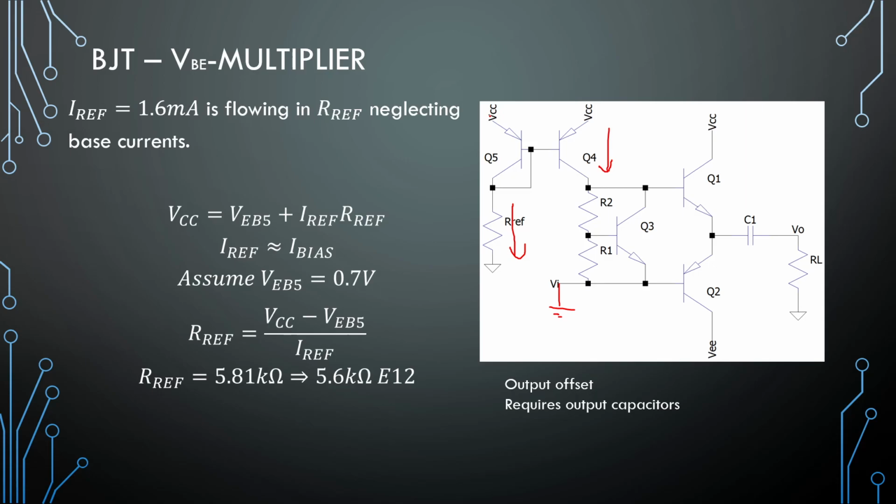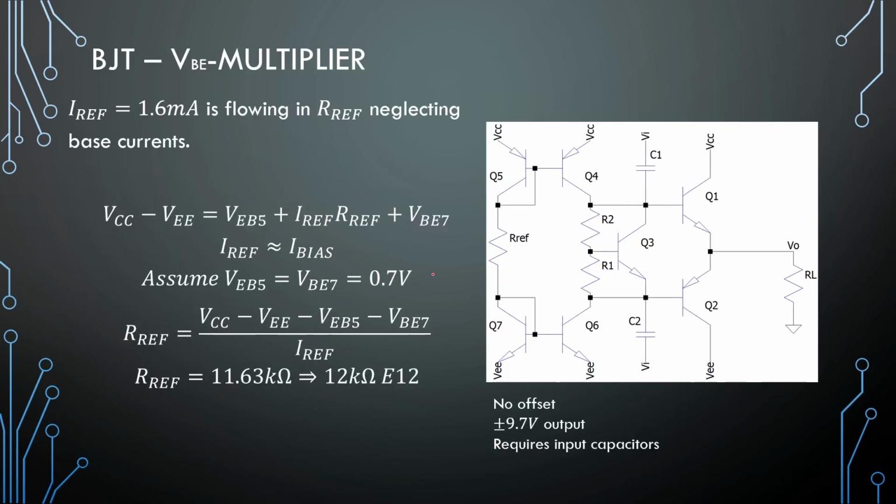So 10 minus 0.7 divided by 1.6 milli gives us 5.81 kilo ohms, closest 5.6 Ks, like that. So designing a current source like this is quite simple. Okay, we are however neglecting any base currents in these problems. So we're assuming beta is quite large for the transistors we're using right here.